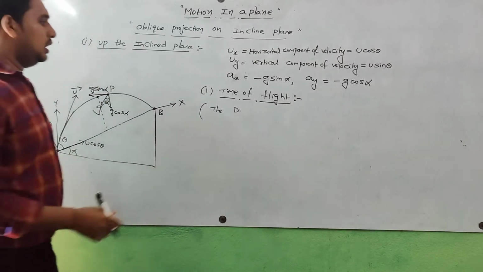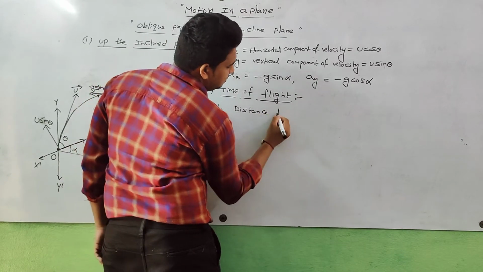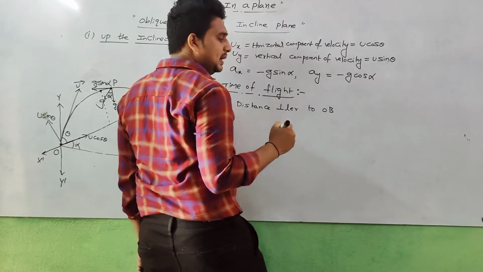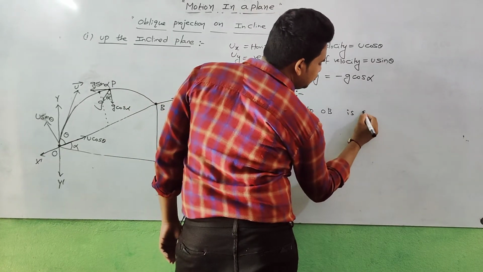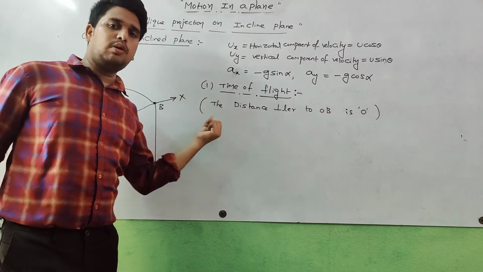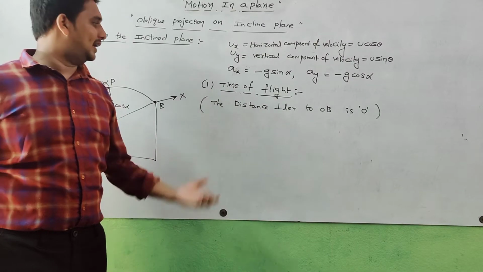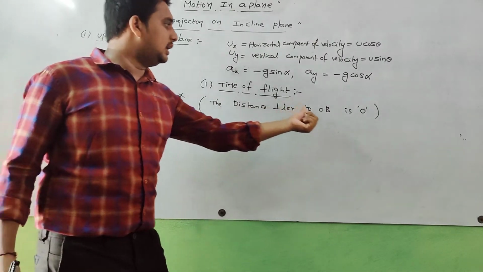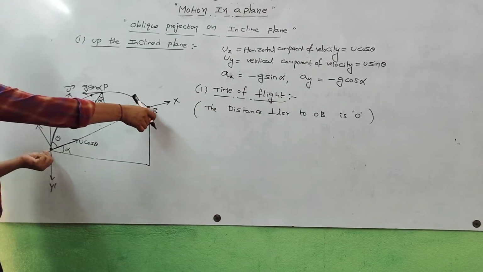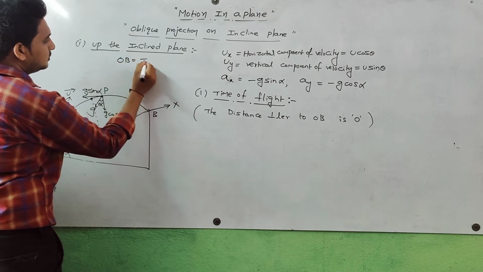The distance perpendicular to OB is 0. Based upon this node point, we are finding time of flight. This is a very important node point. The distance perpendicular to OB is 0. OB means the inclined plane.